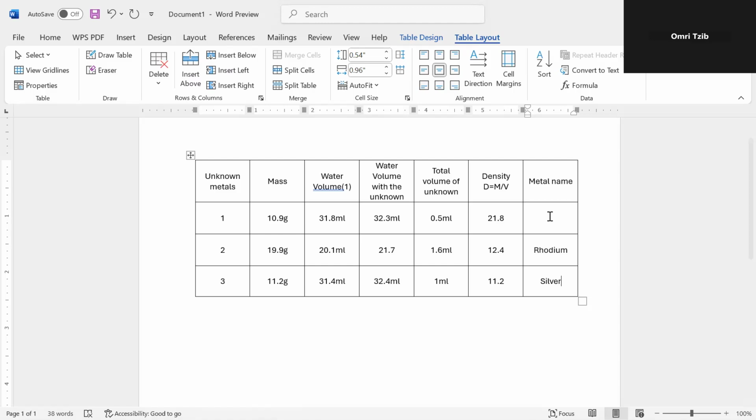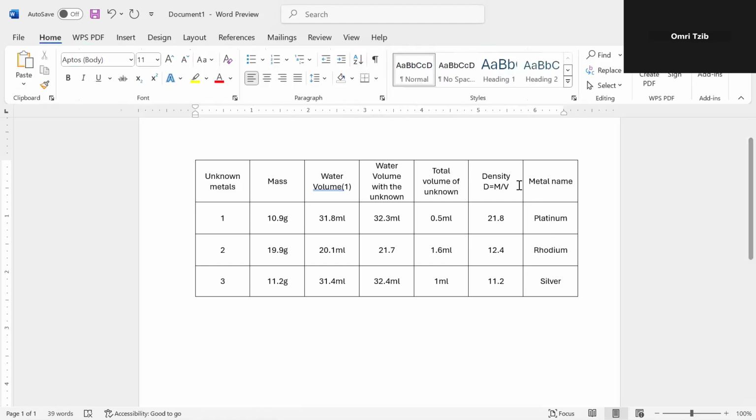And here we see our density is 21.8. So platinum would be our first unknown metal. So therefore, these would be our total density for each of our metals.